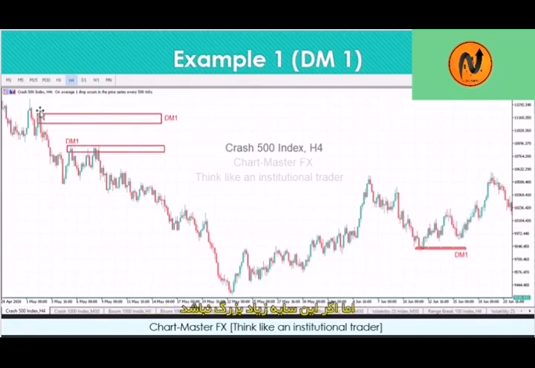But usually when the wick is not that big, we can qualify it as a decision point type 1. We can also see here a wick that extended insignificantly, but it's a decision point that we can qualify as decision point number 1.